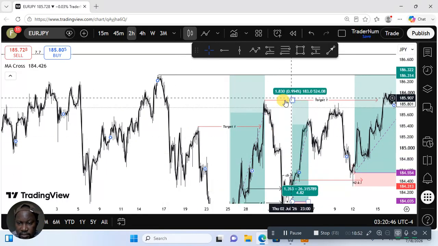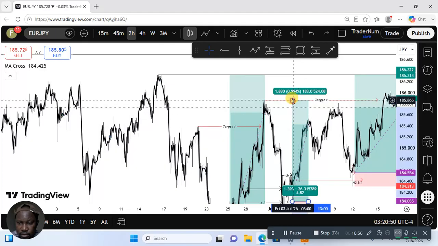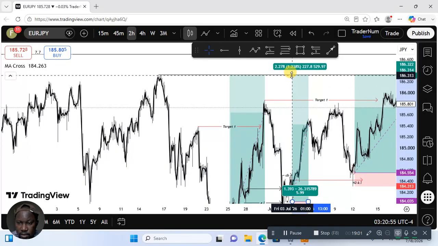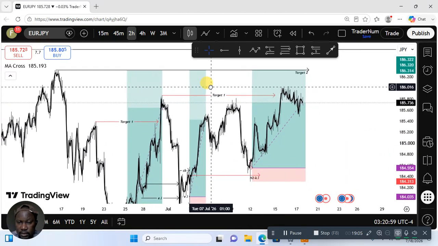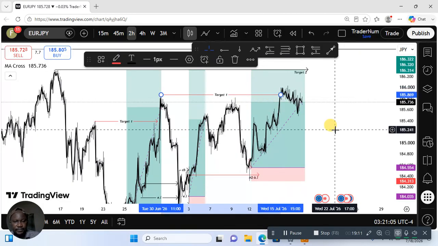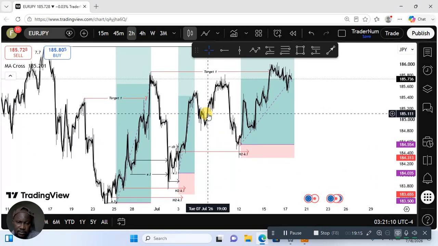Now after this entry was taken, before the high was taken, price did something else. Well, price came back to this 2 hour level, rejected. Then I entered, but I didn't really enter from here anymore.